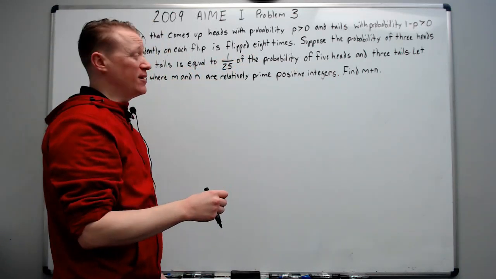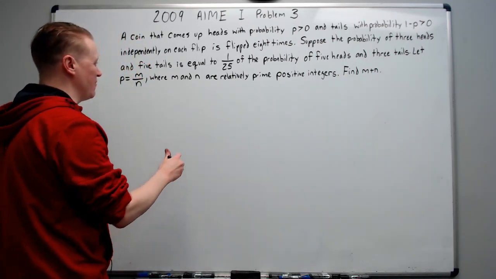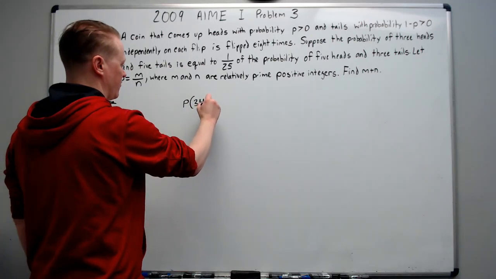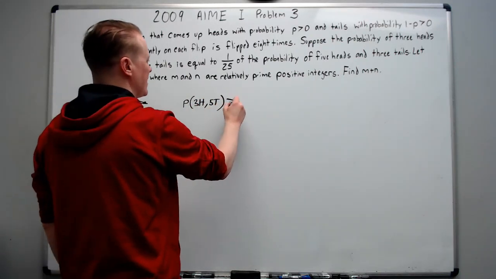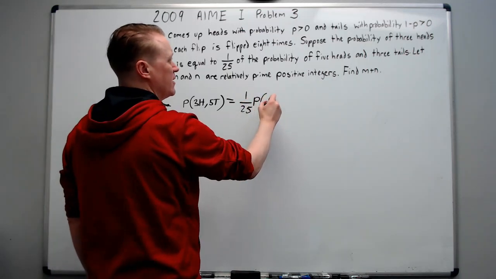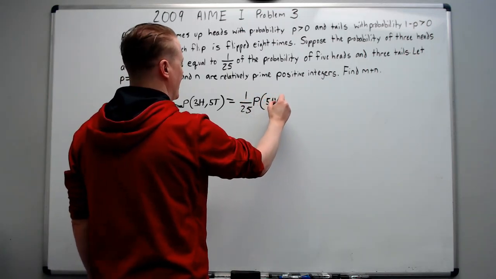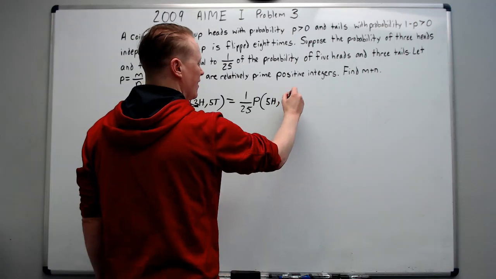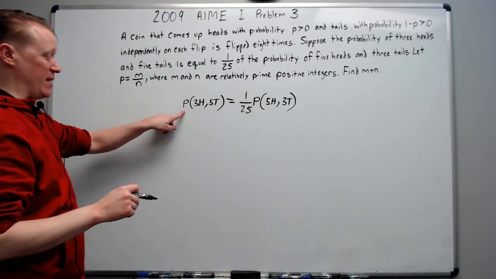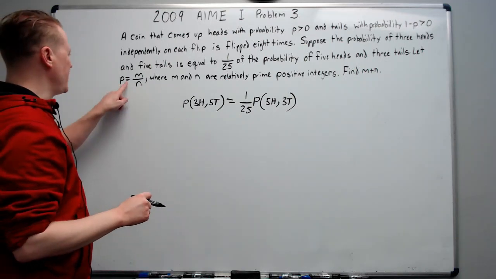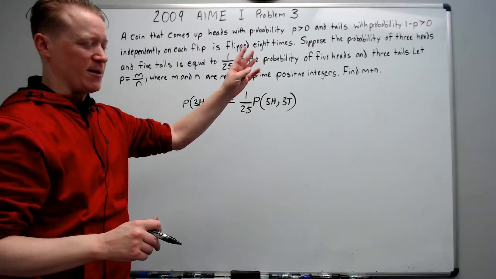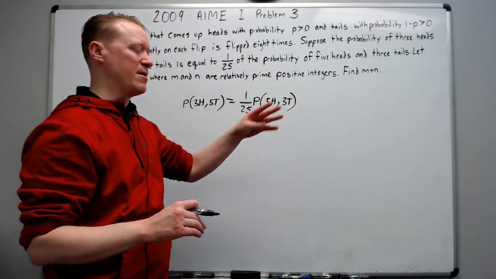Suppose the probability of 3 heads and 5 tails is equal to 1/25 the probability of 5 heads, 3 tails. Let p equal m over n, where m and n are relatively prime positive integers, and then do something with m and n, right?